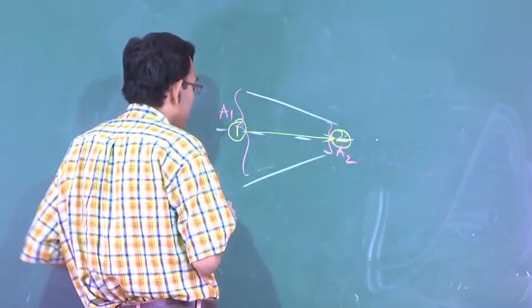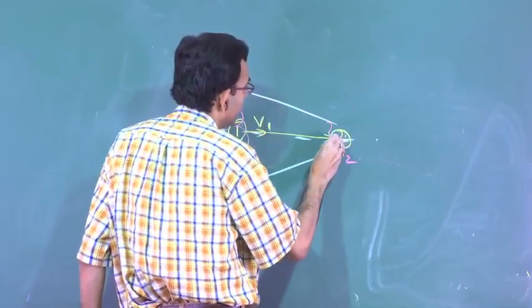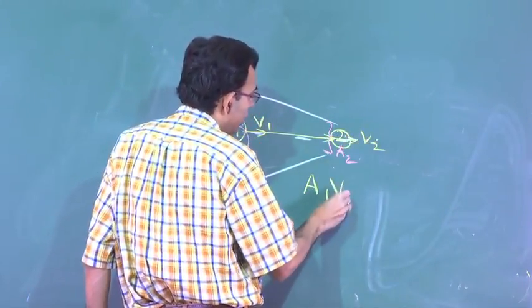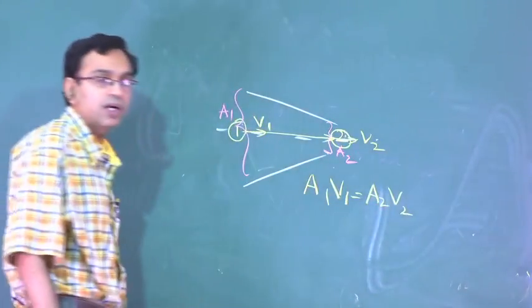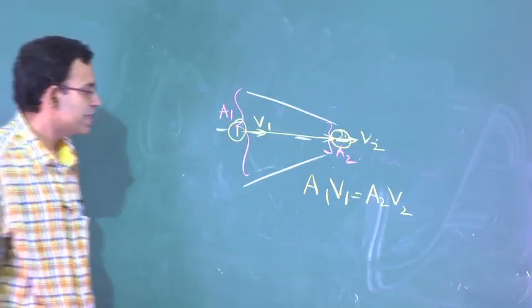The velocity at the point 1 is V1, velocity at the point 2 is V2. So, we are claiming that A1 V1 is equal to A2 V2. I think this is the most popular form of the continuity equation at the junior college level. So, question is, is it valid?